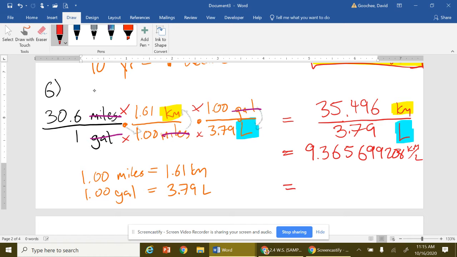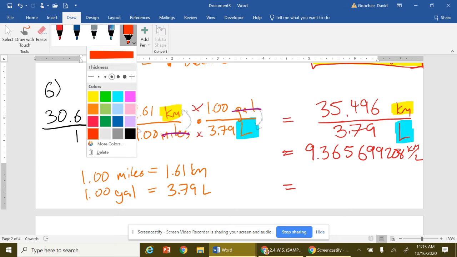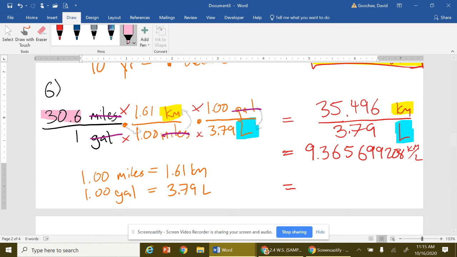Now, we started this problem with 3 significant figures, so we can keep 3 significant figures. We can keep the 9, the 3, and we can keep that 6, which rounds up to a 7. 9.37 kilometers per liter.